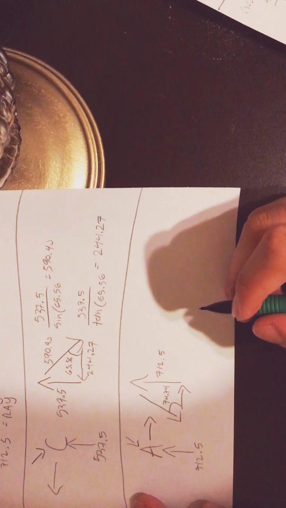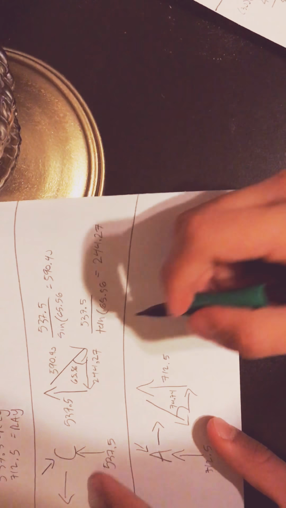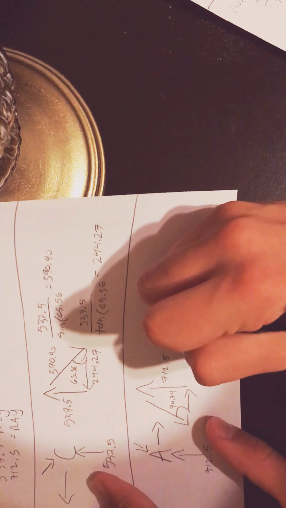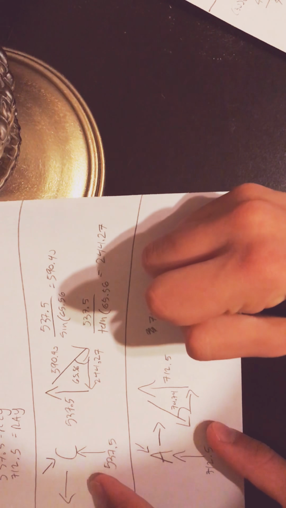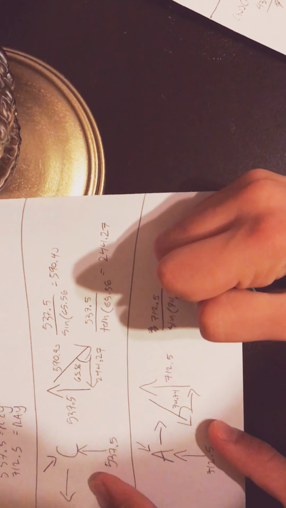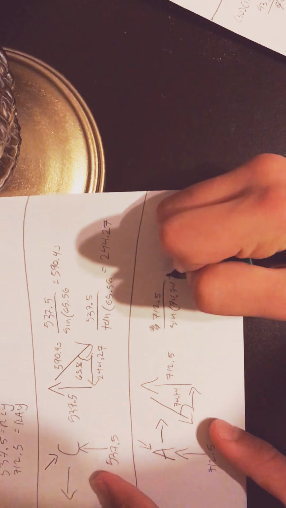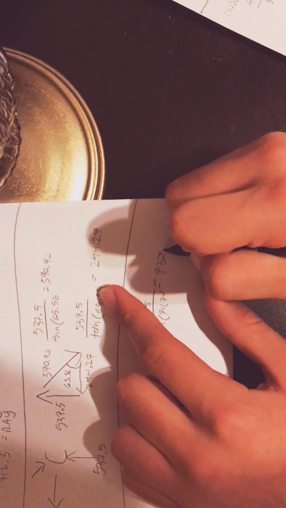And we're going to find our hypotenuse again because that's the only thing that matters right now. We're going to do 712.5 divided by sine of 74.74, which equals 738.54.